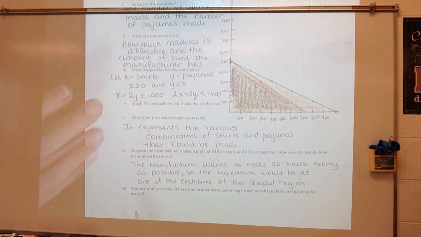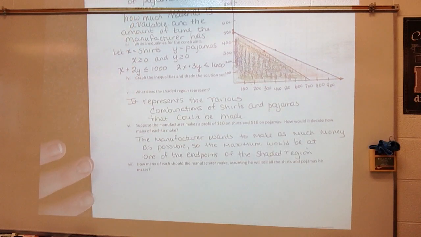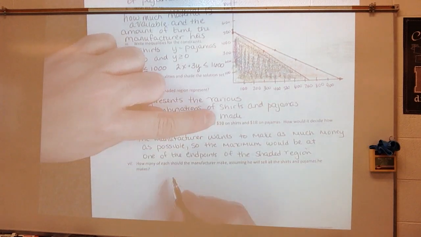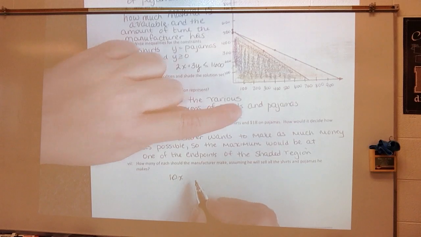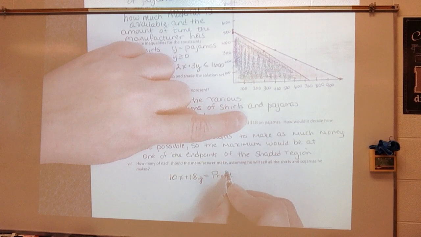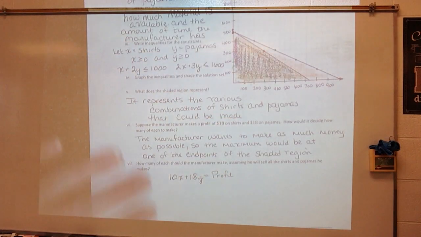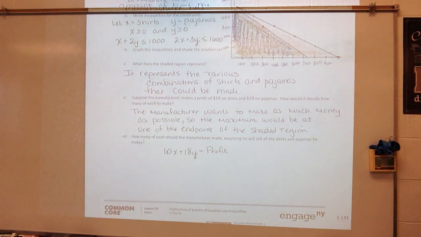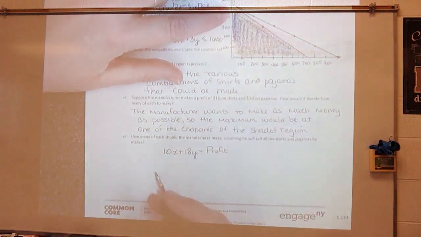So it wants to know how many should the manufacturer make, assuming that he will sell all the shirts and pajamas he makes. Okay, so if it's $10 a shirt, and it is $18 on pajamas, that's going to give us how much profit he's going to make. Here's what I would do. I would just choose some points. All right, so we can do 0, 500.